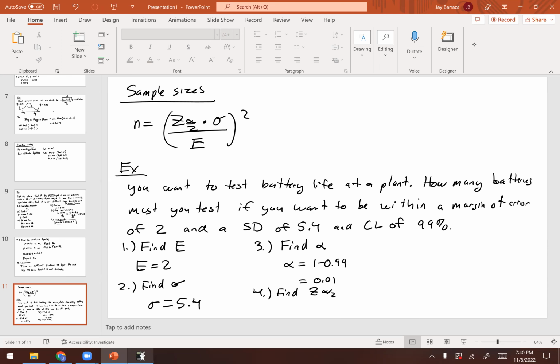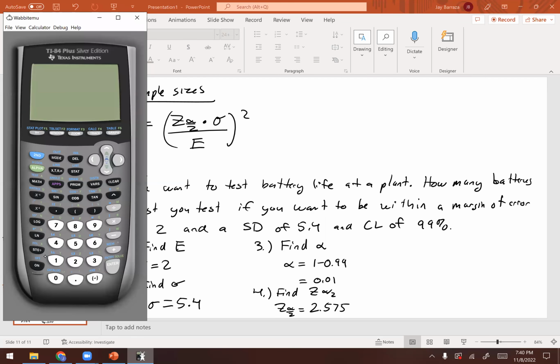Now, if you remember, I told you there were 3 numbers worth memorizing. If you remember, for 0.01, Z alpha over 2 is equal to 2.575. But if you don't, then you go to your calculator, second distribution, inverse norm, 0.005, because 0.01 divided by 2.